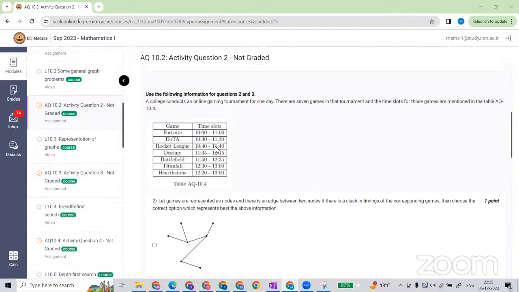Rocket League is 10:40 to 11:40, but Destiny started already from 11:35. So Rocket League and Destiny have some clashing time. It is 1 hour, but Destiny started 5 minutes earlier, before Rocket League ended. Then Rocket League and Destiny have an edge.